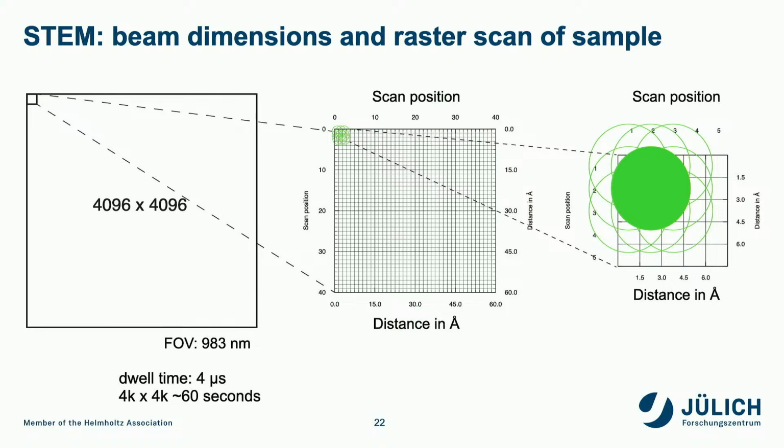So now we have to bear in mind this is really different to how we regularly image, how we deliver the dose. So we try to make this as compatible as possible in the sense that we create also 4K by 4K raster scans. And then we move them across the sample, and we have a beam dimension of something like 5 angstrom in its half maximum. But we do this also in overlapping steps.